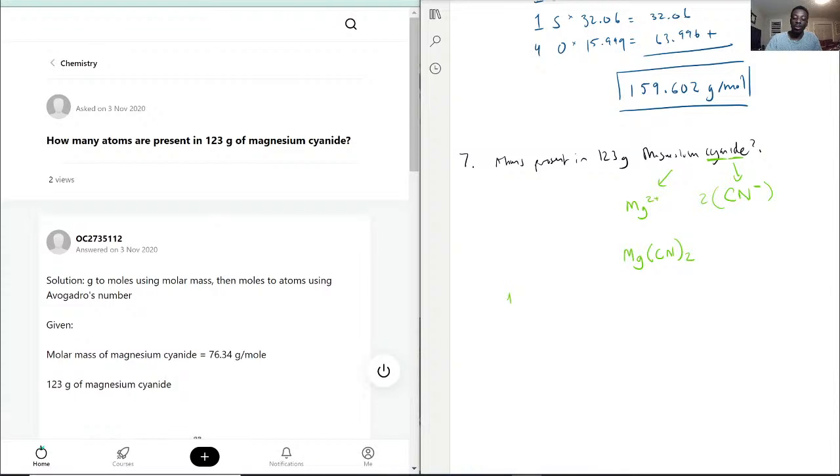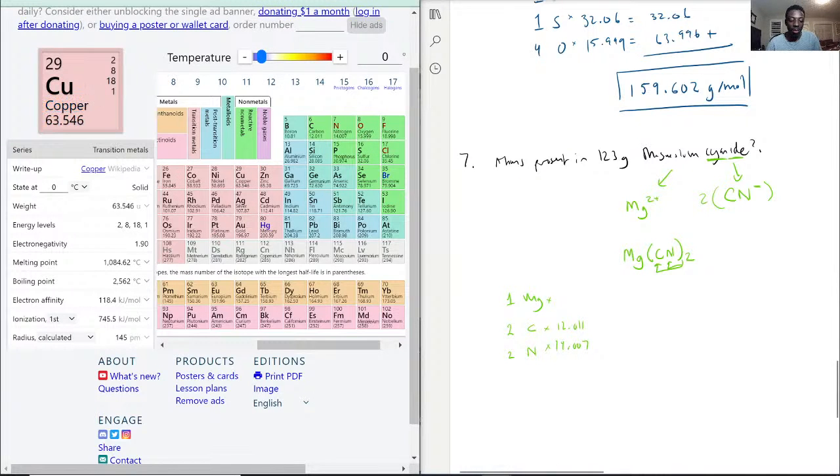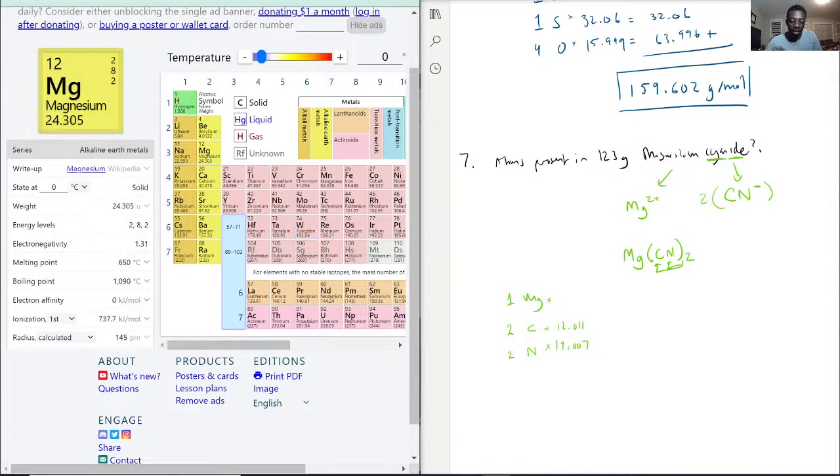Okay, so now with that being said, we have to find the molar mass, kind of like how we did in the previous question. So that's 1 times magnesium, okay, and then the 2 is going to be multiplied both to the carbon and the nitrogen. So it's going to be 2 times carbon and 2 times nitrogen, and so what we get, 14.007, 12.011, and magnesium, that one I do not have memorized, but that one would be 24.305.